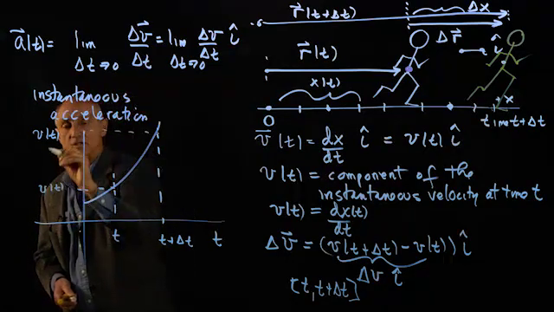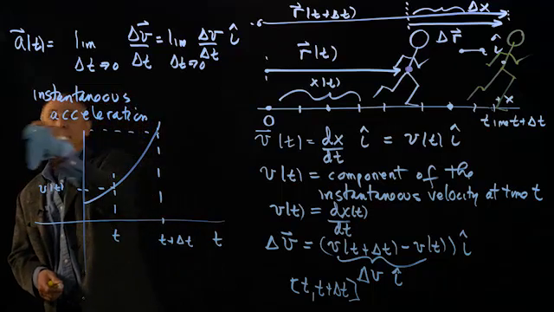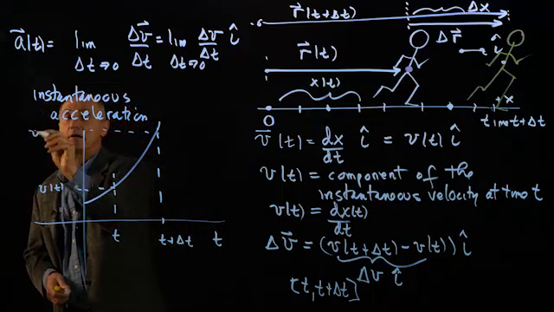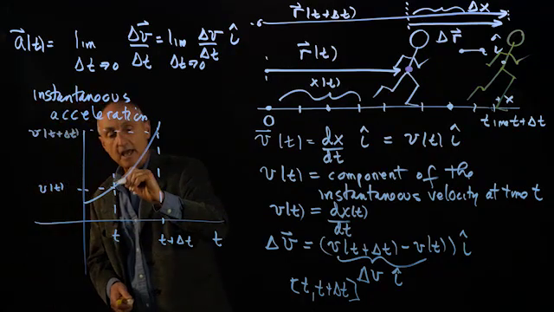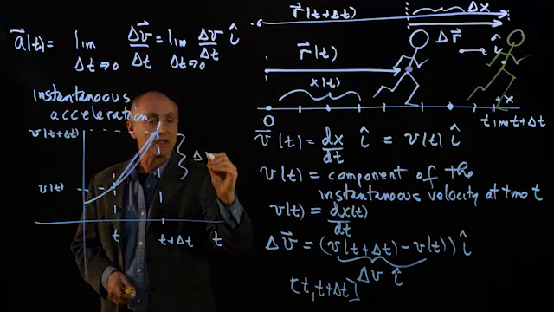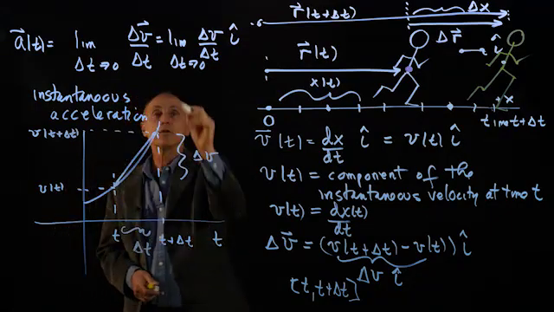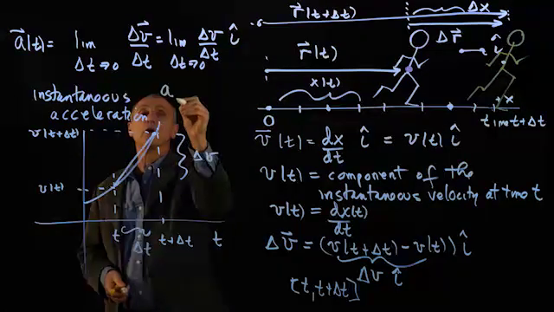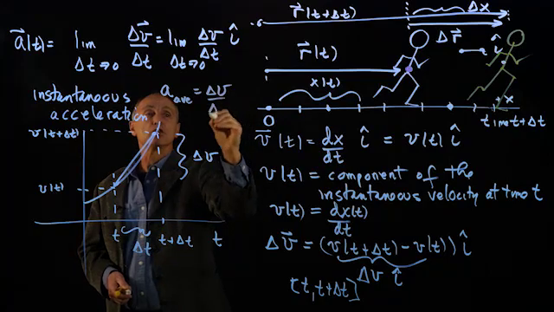Up here, remember, we're plotting the velocity as a function of time, v of t plus delta t. And this quantity here, which is delta v over delta t, again, as we said before, we can call this average acceleration.